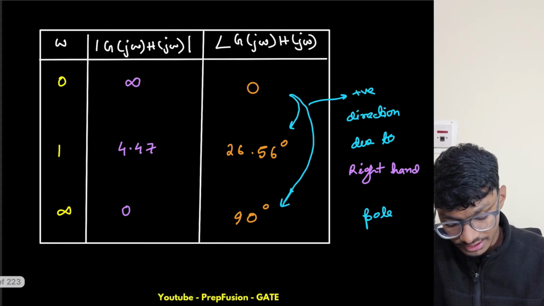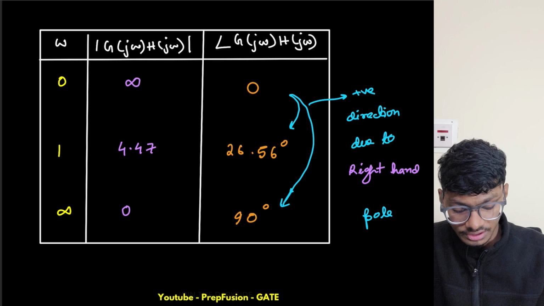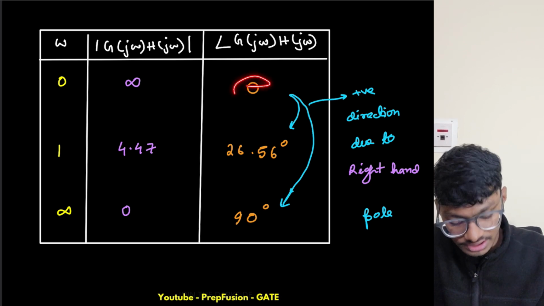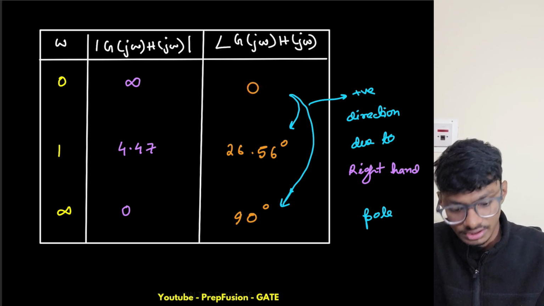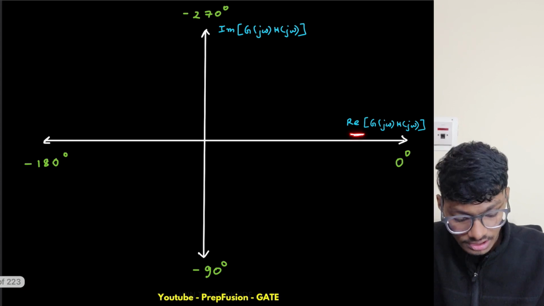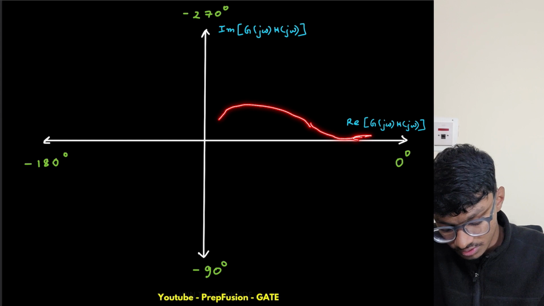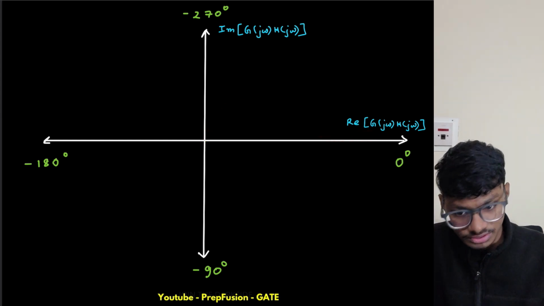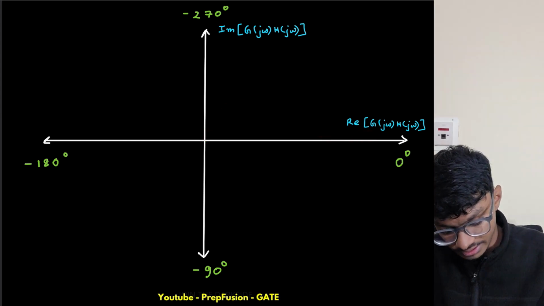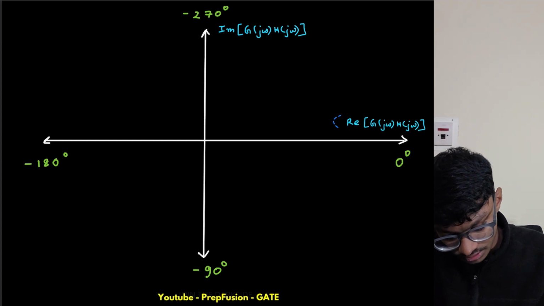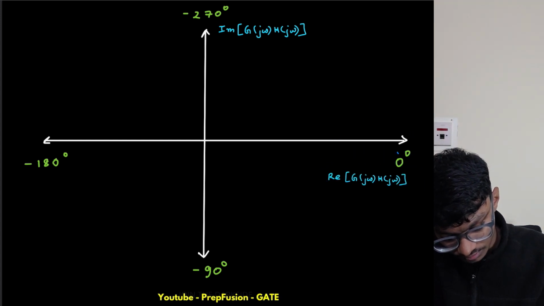I'm never crossing my 0 degree axis again. Initially I was at 0, and it is increasing ever since. So obviously I will start from somewhere here, it will increase ever since, and it will end towards 90. The magnitude will keep on reducing. So my plot will be something like this.